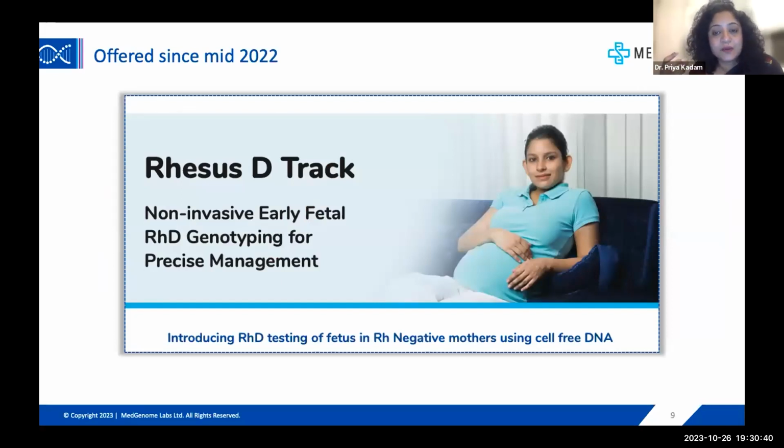So this test has been one of my pet projects. We have been working on non-invasive prenatal testing for over 8 years now, offered aneuploidy testing, microdeletion testing for a while. And then we evaluated the different number of exons that we could use, because we know that in the world, different populations have evolved differently.